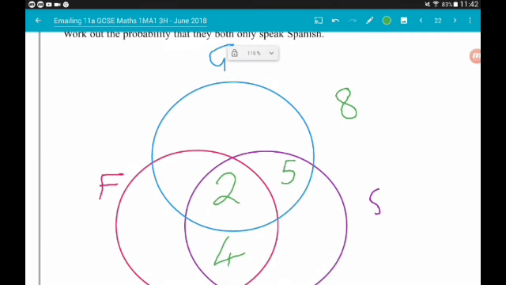That tells us 2 things. 0 people only speak German. Now we know there are 10 people who speak German in total. At the moment we've got 2 and 5 of them, so that's 7.